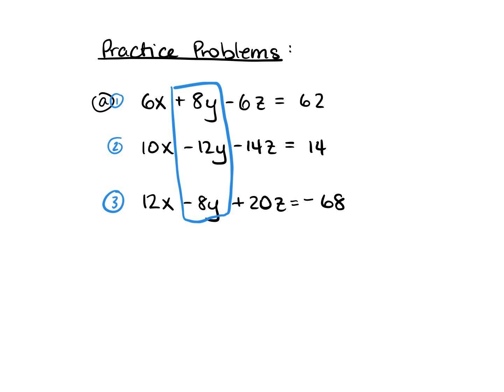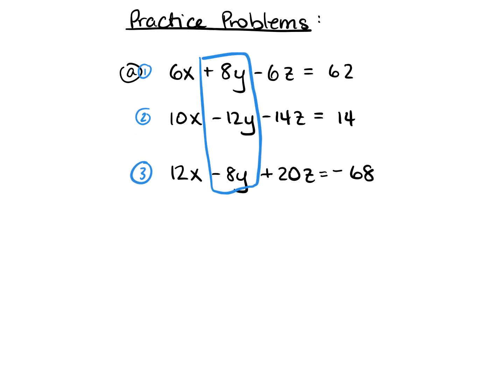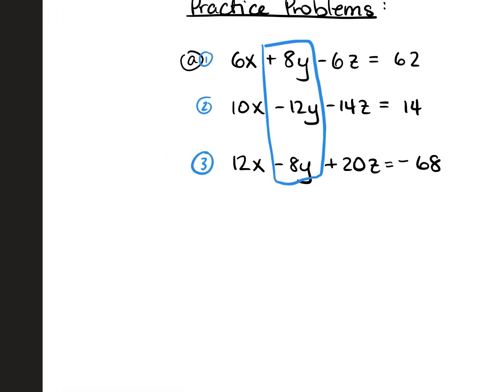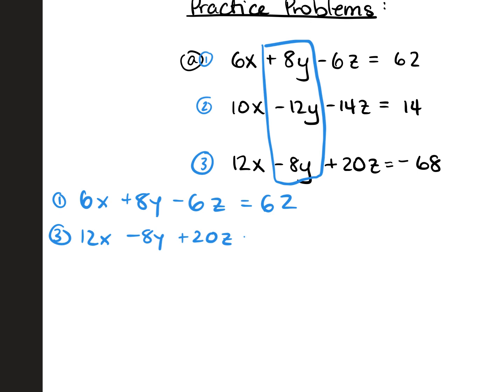So we know we're eliminating y. Which 2 equations do you want to pick to eliminate y first? 1 and 3, awesome choices. 1 is 6x plus 8y minus 6z is equal to 62. And 3 is 12x minus 8y plus 20z is equal to -68.